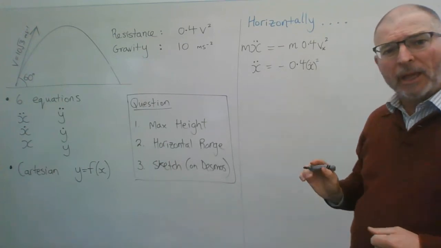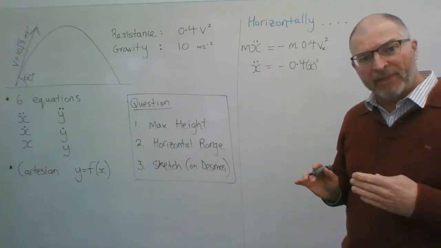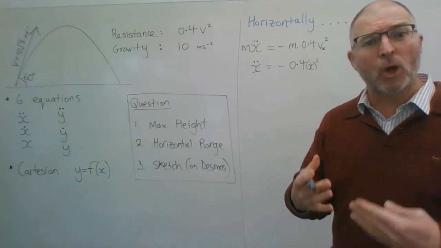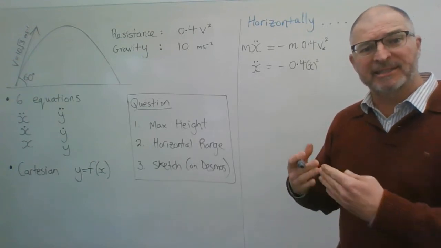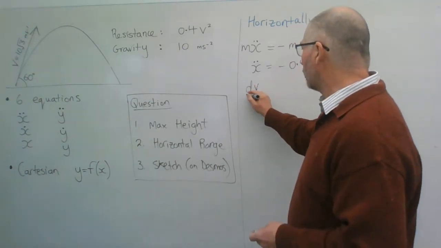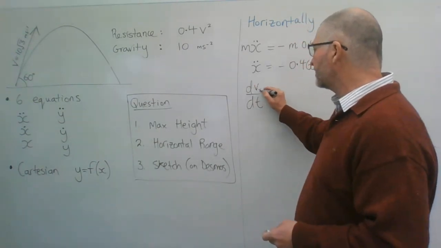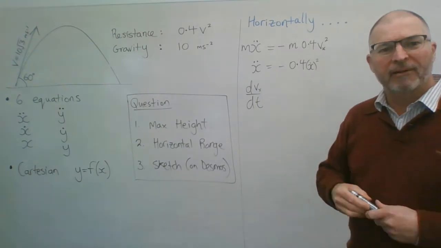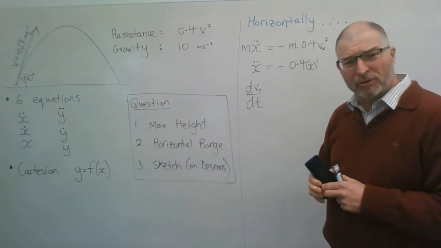Now, x double dot, that's just the derivative of the velocity with respect to time. Acceleration is the derivative of velocity. Normally, acceleration is written dv/dt, right? That's v, velocity horizontally there.